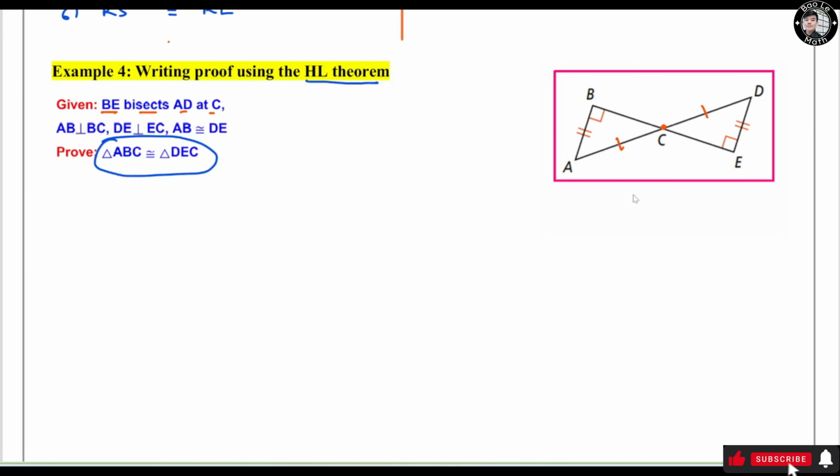Now keep in mind, students always make a mistake. They say BE bisects AD means BC is congruent to CE. That is not the case, so you need to be careful.